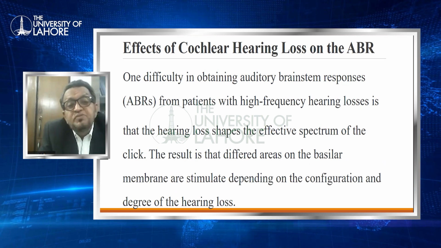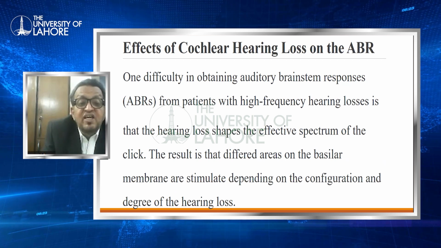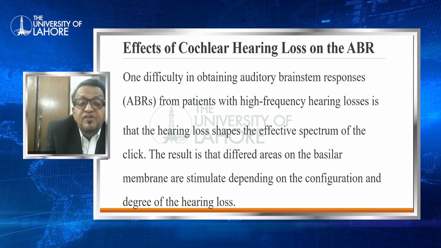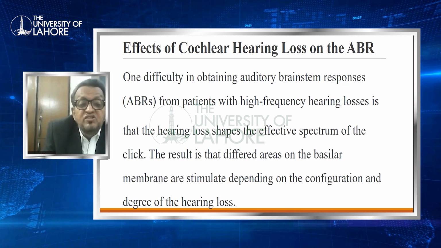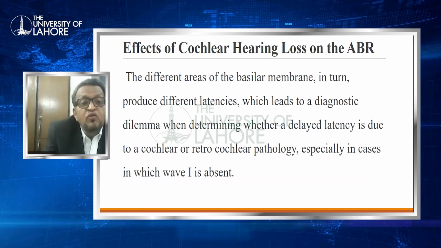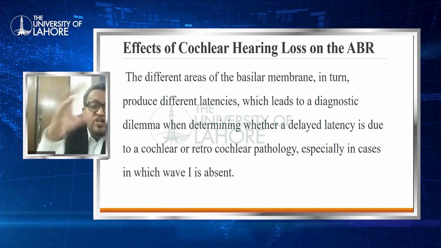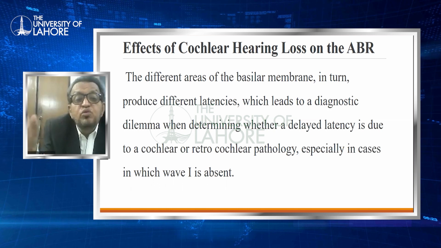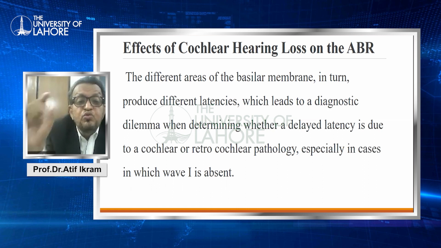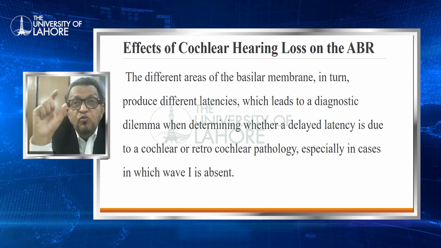The one difficulty in obtaining auditory brainstem responses from patients with high frequency hearing losses is that the hearing loss shapes the effective spectrum of the click. The result is that different areas in the basal region are stimulated depending on configuration and the degree of hearing loss, as we have already discussed. The different areas of the basilar membrane in turn produce different latencies, which leads to a diagnostic dilemma when determining whether a delayed latency is due to a cochlear or a retrocochlear pathology, especially in cases of wave 1 absent.